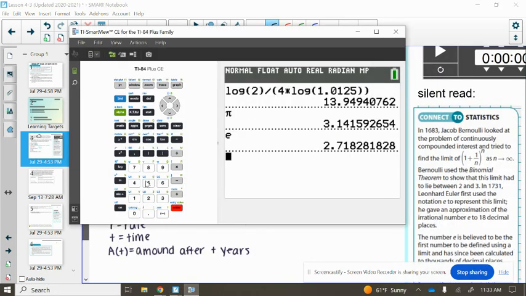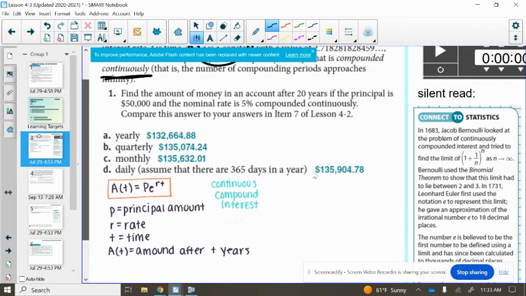So we would take that $50,000 initial amount, and then you would have E to the rate, which was 0.05, times T, which is 20 years. And we see that 135,914. So not crazy more than daily, but again, there is that idea then of our continuously compounding.